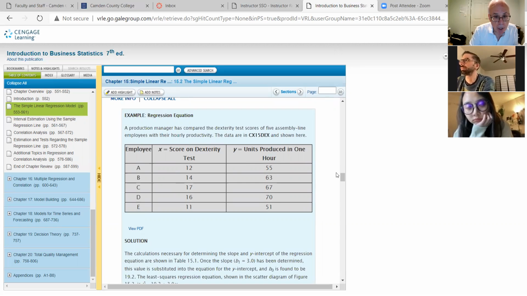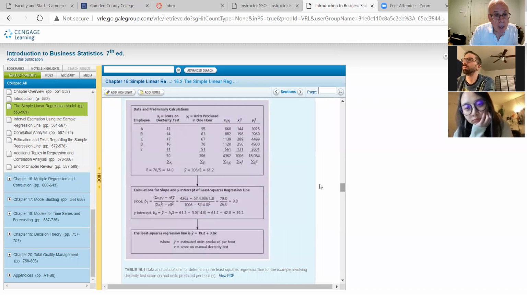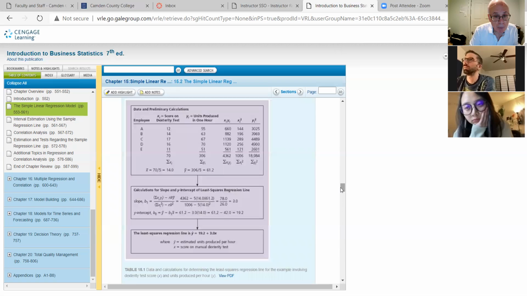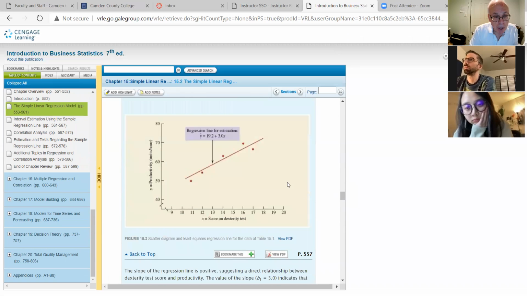Hourly productivity, how productive you are in producing a certain product. And they show you how to come up with the slope and y-intercept using formulas. And that's the equation and the graph of the least squares line.